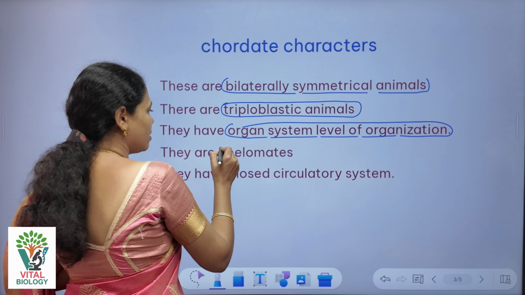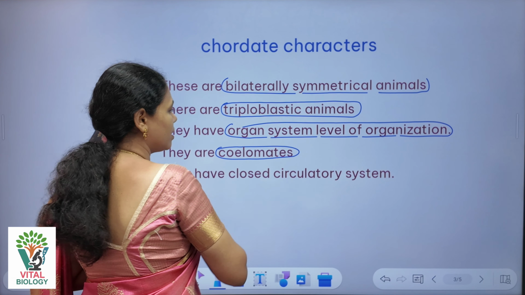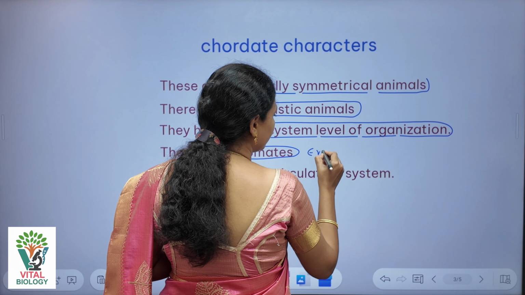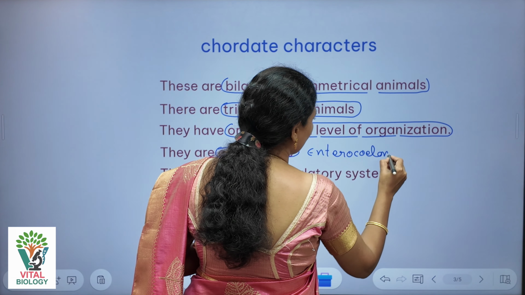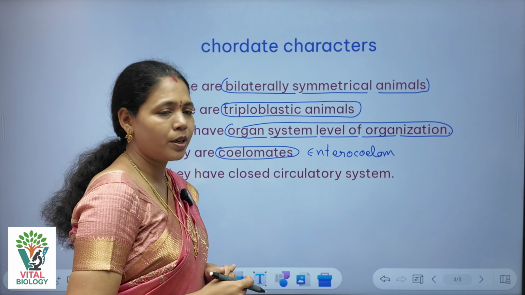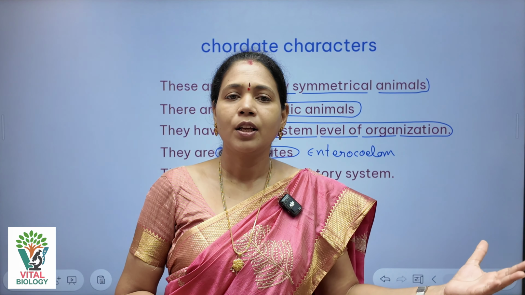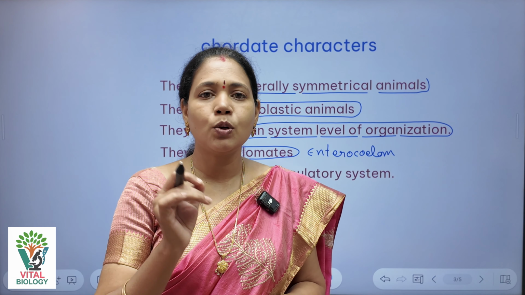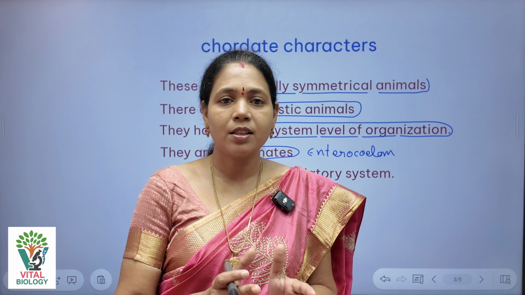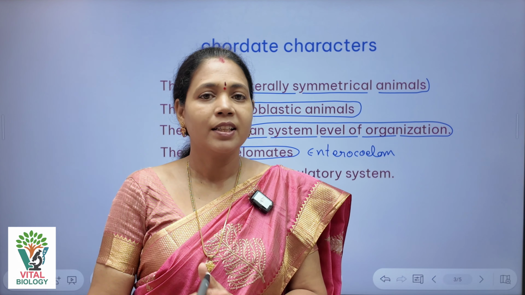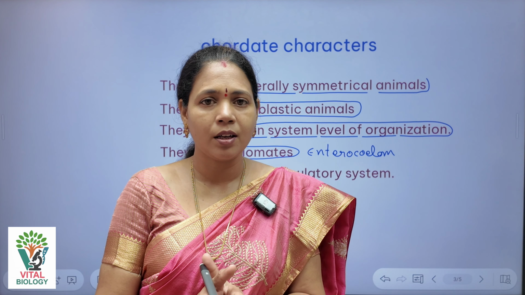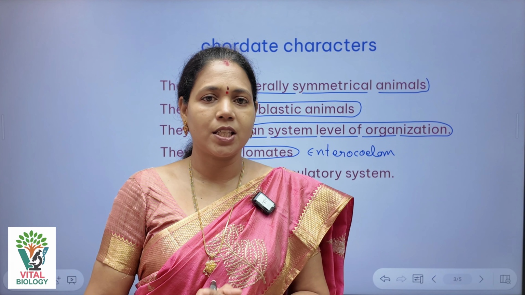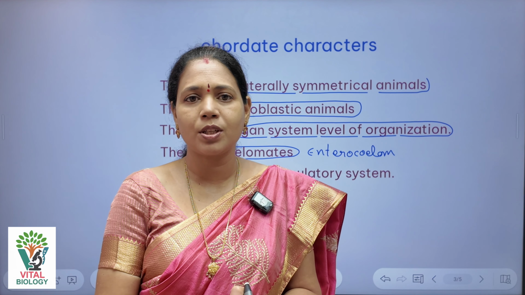And these are coelomates. Yes, true coelom is seen, and especially the enterocoelom. This enterocoelom was developed from one of the groups under non-chordates, that is Echinodermata onwards. These organisms are provided with this type of enterocoelom, meaning the mesoderm derives from the gut or the enteron cavity. That is why the term enterocoelom was given to the coelom.